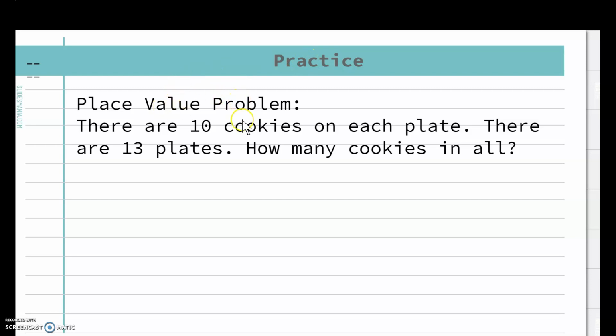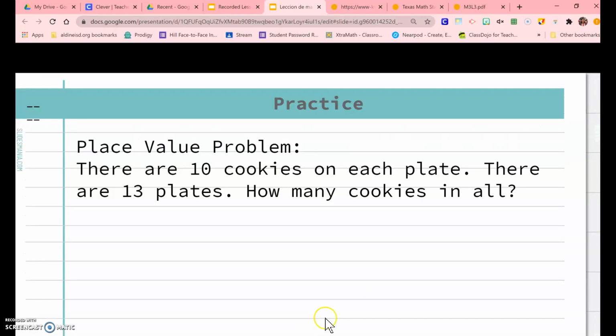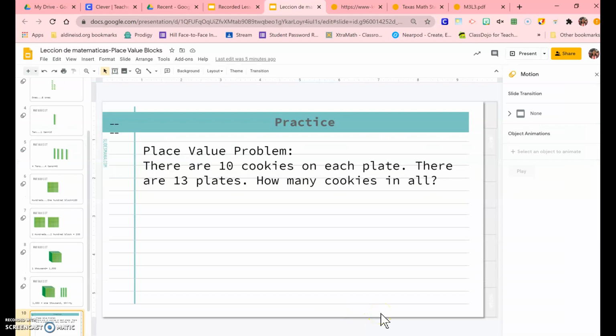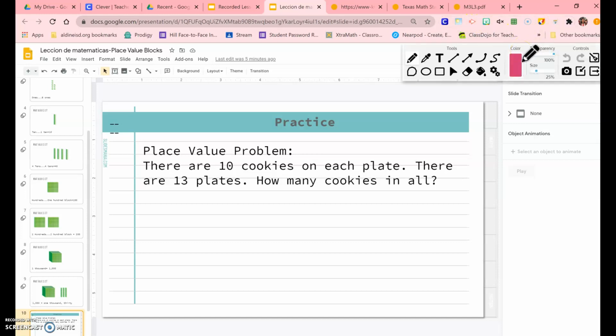Place value problem. There are 10 cookies on each plate. There are 13 plates. How many cookies in all? So if I'm asking for the number of cookies, keep in mind that I have to make sure I have it ready. Okay? So if I have 10 cookies on each plate, but there are 13 plates.